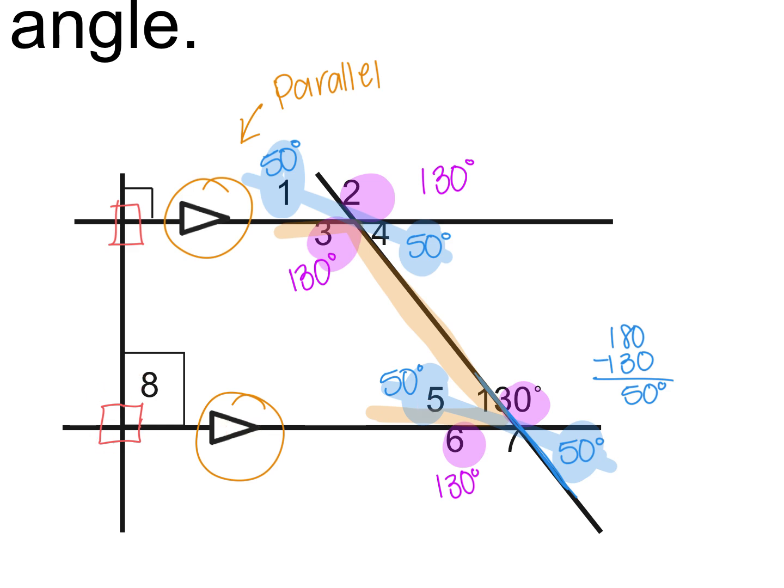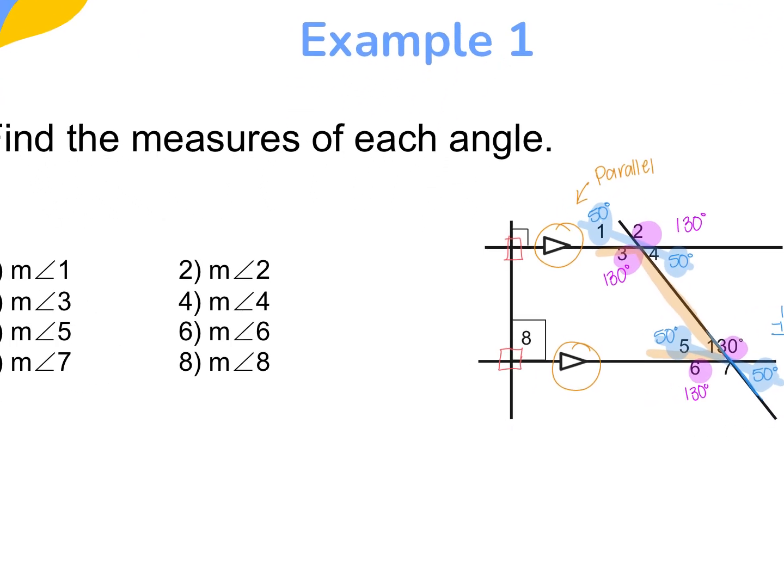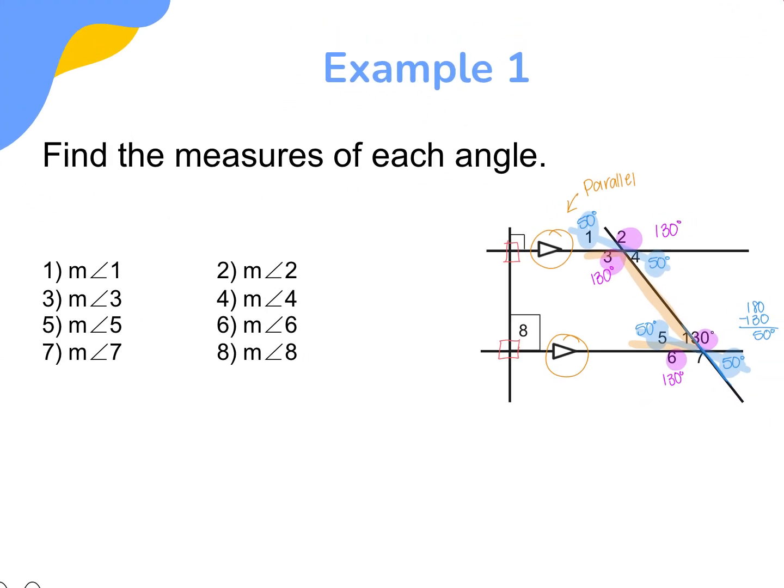So now I'm able to go ahead and fill out my missing angles, my missing measures of my angles. So angle 1, we said was 50. Angle 4 is also 50. Angle 5 is also 50. And angle 7 is also 50 degrees.